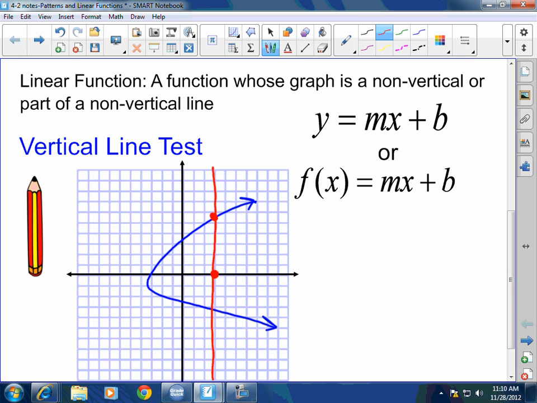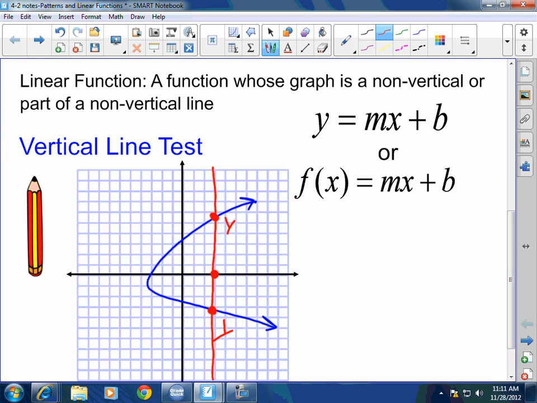Doesn't it hit here, which is one y value, correct? And doesn't it hit here, which is a different y value? Are you allowed to have two different y values for the same x in a function? That's why the vertical line test is so awesome.